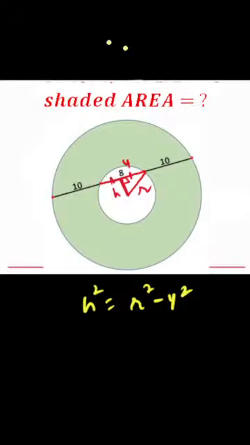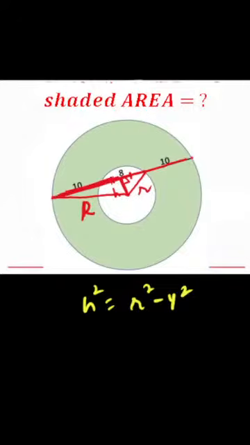Now forget about this portion, let's talk about the other side. If I join this, this would be the capital R, which is the radius of the bigger circle. The bigger chord is of length 28, that is 10 plus 8 plus 10. So this perpendicular will bisect it, so half of 28 is going to be 14.